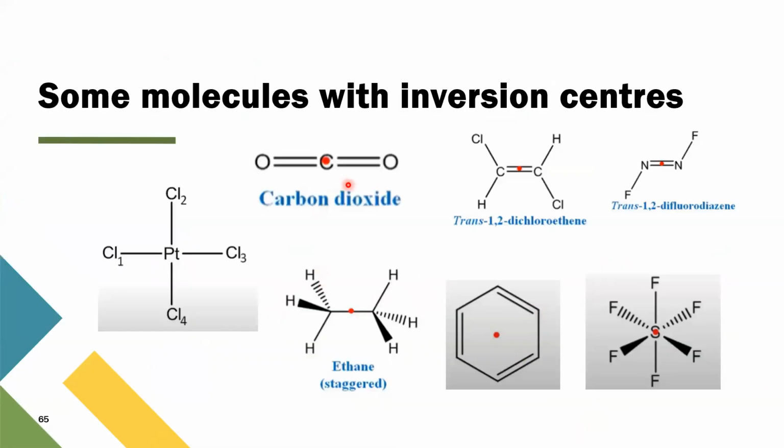Carbon dioxide, here trans 1,2-dichloroethene. So here, again, when you draw, you get 2 chlorine atoms on either side. Similarly, here 2 hydrogen atoms. Then this is trans 1,2-difluorodiazine. Here PtCl4. So when you draw a line, you get the equal distance, from the center, the platinum atom is the center.